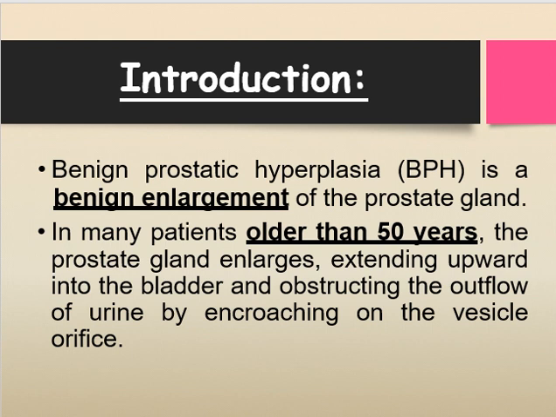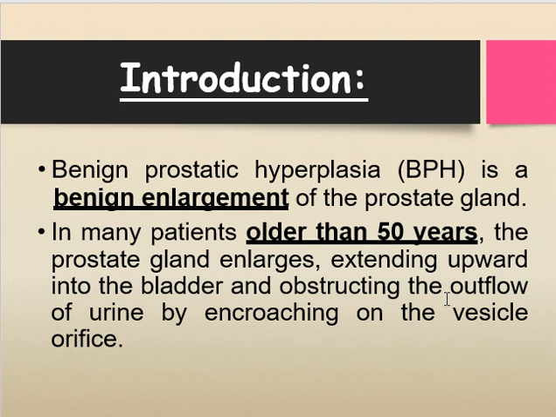So benign prostatic hyperplasia is just a benign growth. It is confined only to the prostate gland, and it doesn't spread to other parts of your body. And mainly people who are older than 50 years are affected by the enlargement of the prostate gland.